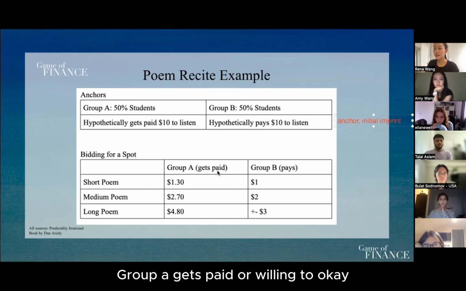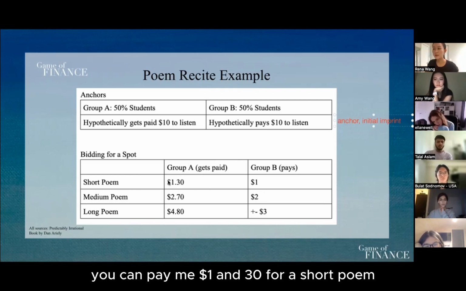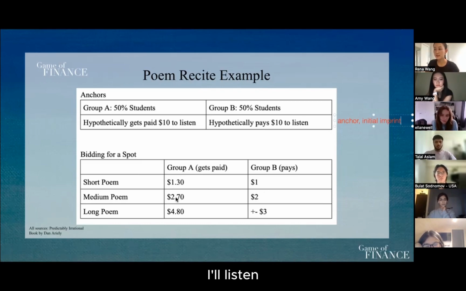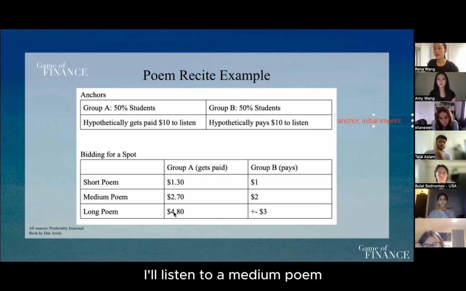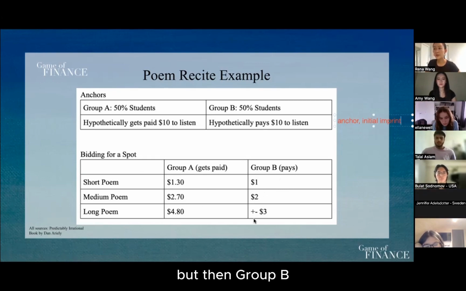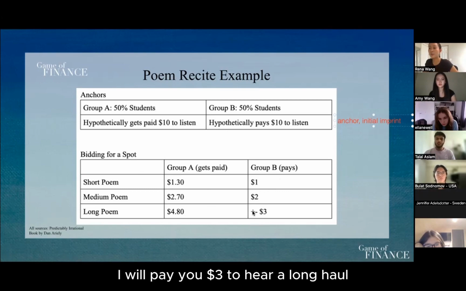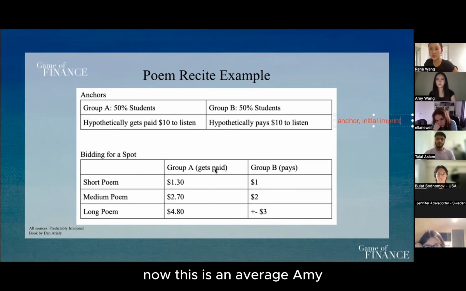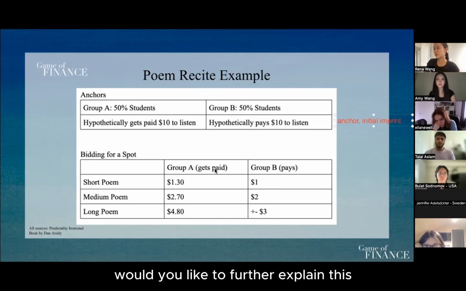Group A says, okay, you can pay me $1.30 for a short poem, I'll listen. You have to pay me $2.70 to listen to a medium poem. You have to pay me $4.80 for a longer poem. But group B, with their initial imprint, says, okay, I will pay you $1 to hear, I will pay you $2 to hear, I will pay you $3 to hear a long poem. Now, this is an average. Amy, would you like to further explain this?